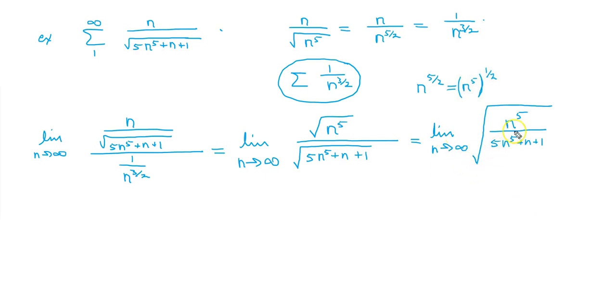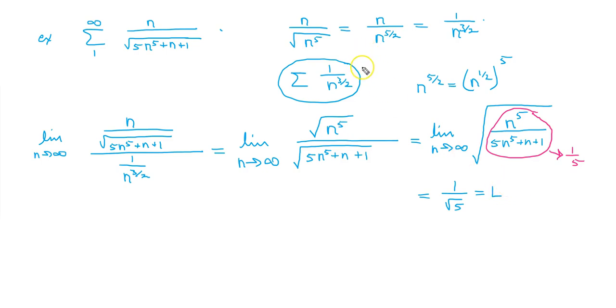Now as n goes to infinity, certainly what's underneath the square root is approaching 1/5. And so our full limit is going to be the square root of 1/5, or 1 over root 5. And that's our L. And this L is certainly bigger than 0, and it does exist.